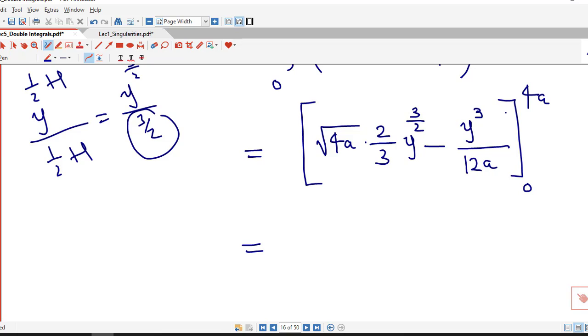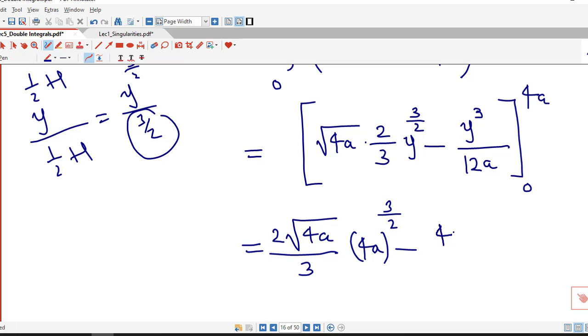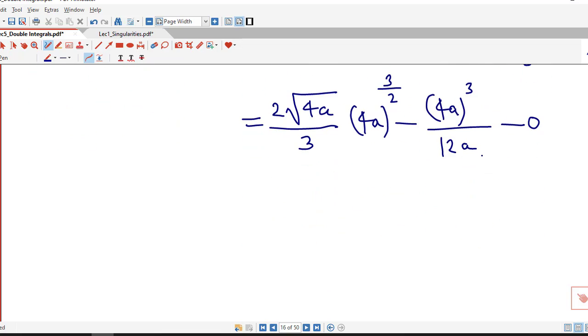If we put y equal to 4a, we keep this as it is, 4a, to here 3, y is 4a raised to 3 by 2, here 4a raised to 3 divided by 12a, and for lower limit we will have 0 because y is in the multiplication. So now we just have to simplify this.